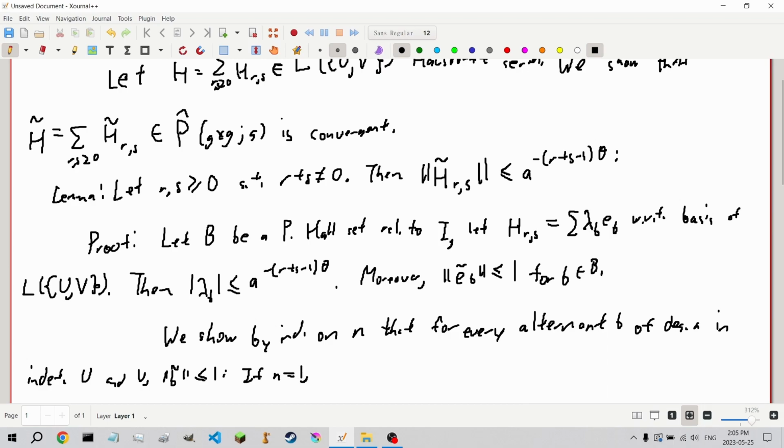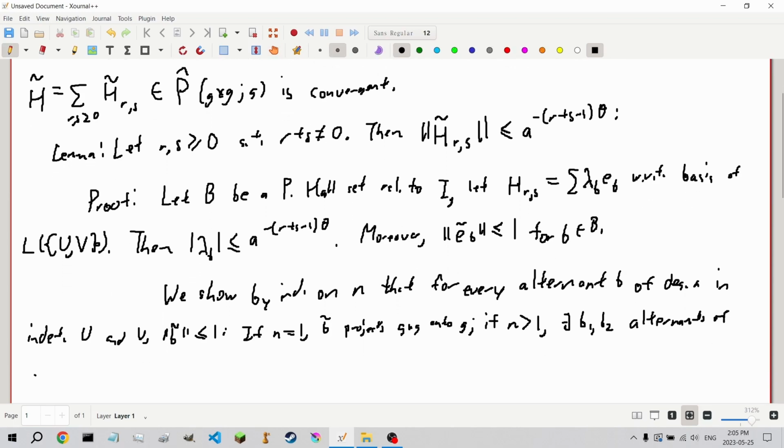In our base case, B tilde is a projection of g times g onto g, and so it's trivial. If n is greater than 1, there exist b1 and b2, which are alternates of degree less than n, such that our b here is the Lie bracket of b1 and b2.